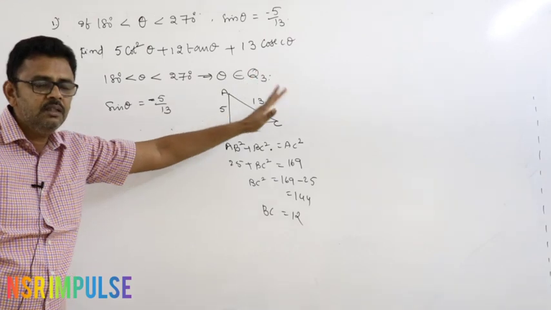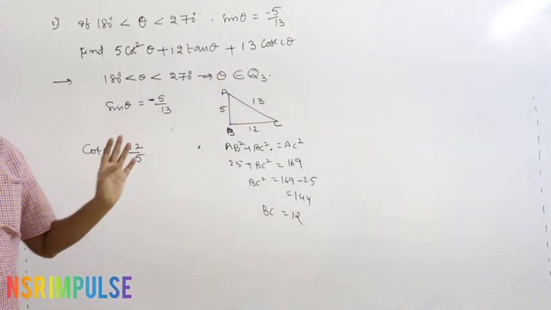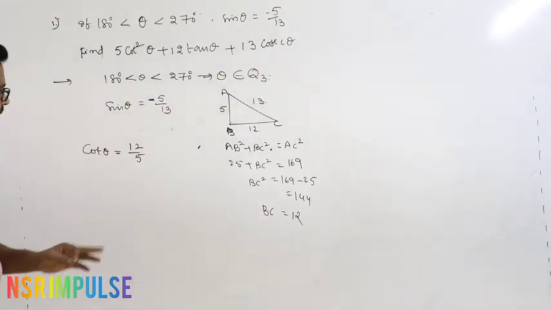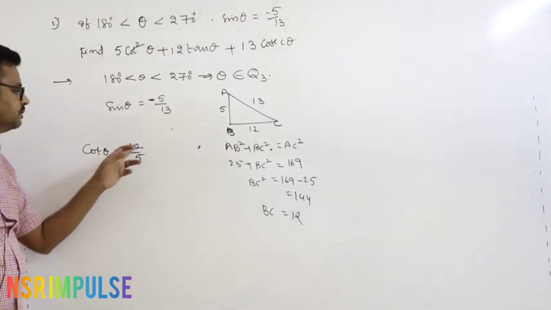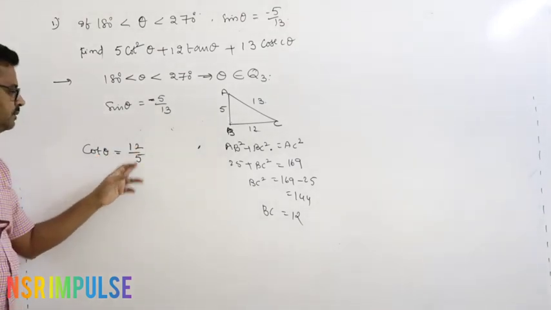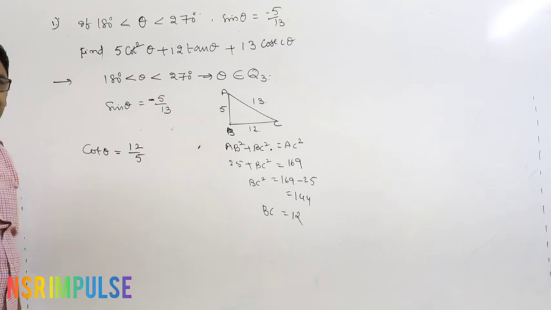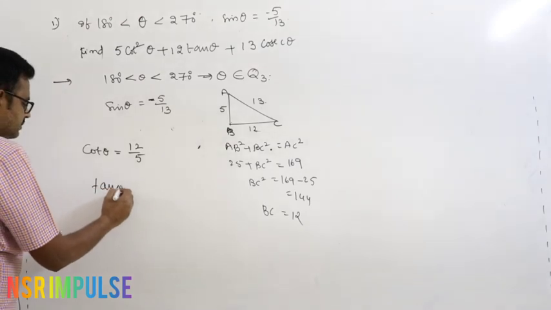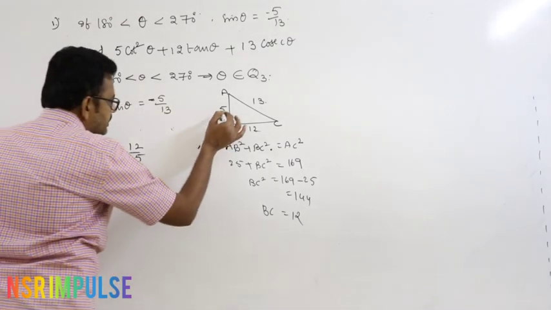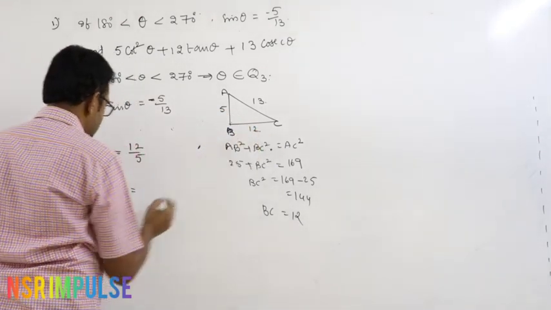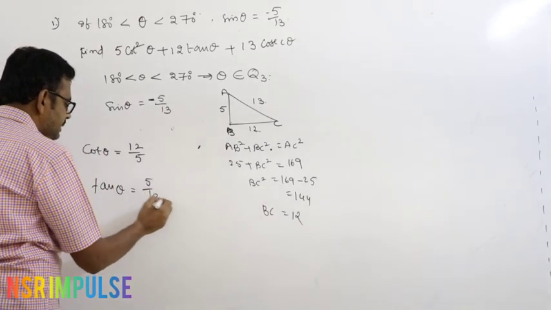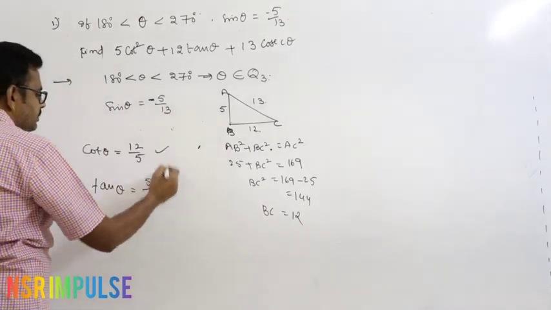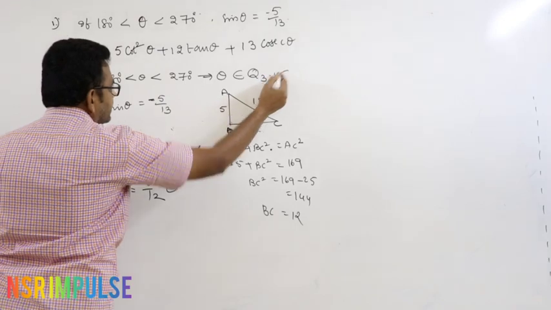In the third quadrant only tan and cot are positive. Therefore cot is positive, so that becomes 12 by 5. Next, tan theta is opposite side by adjacent side, so this is 5 by 12. And clearly these two are positive in the third quadrant.